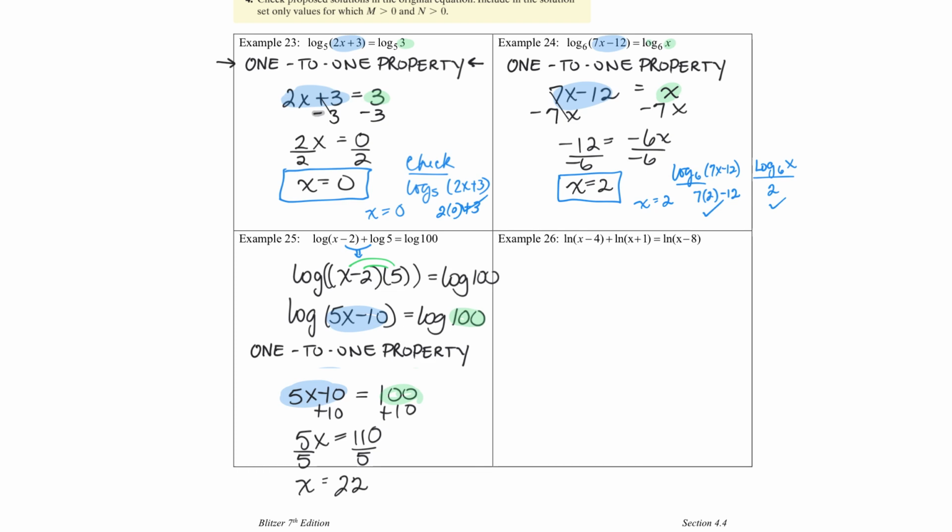But once you start to get more comfortable with this, you can be a little bit less stringent about your checks. I'm checking to see if 22 as an input to this original equation is going to cause an issue for any of the logarithms in the original equation. And if I plug in 22, 22 minus 2 is 20. That's positive. That's my concern.